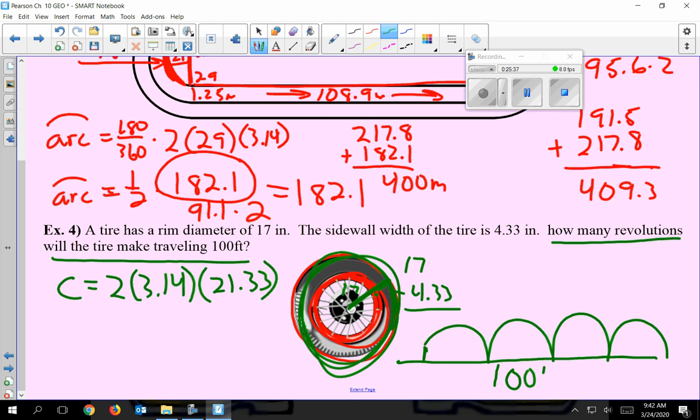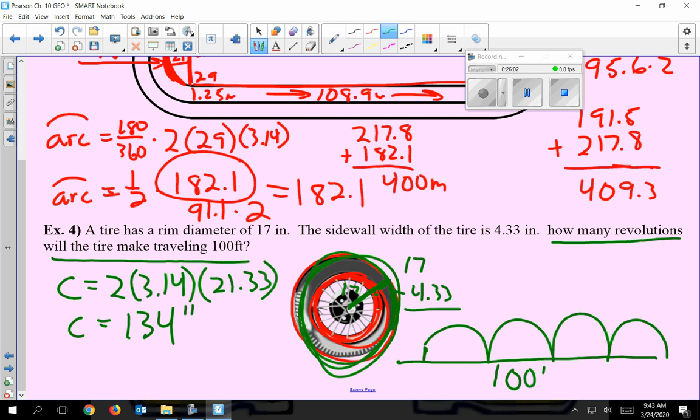So I'm going to go ahead and multiply all that up. And for me, being an old guy, I would have doubled the 21.33 and got the diameter and then multiplied that by pi. So that's how I used to have to do that. But anyways, we get a circumference of 134, but it's in inches.